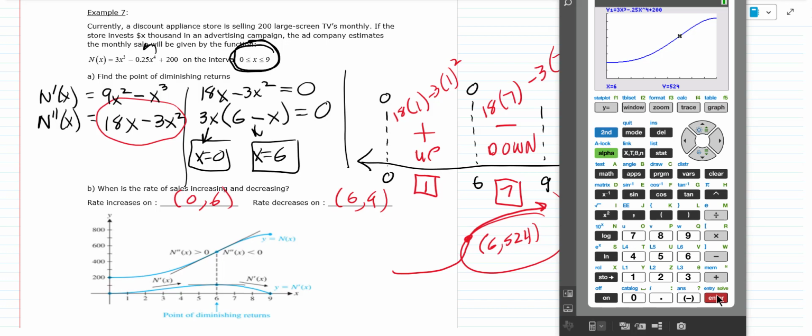Does that make sense? If the rate of increase gets bigger, then starts slowing down, that means you're going from concave up to concave down. That's what diminishing returns is. In a calculus class, all you have to do is work with the second derivative and make the sign chart. That's how you figure it out. All right, that'll take care of us for today.